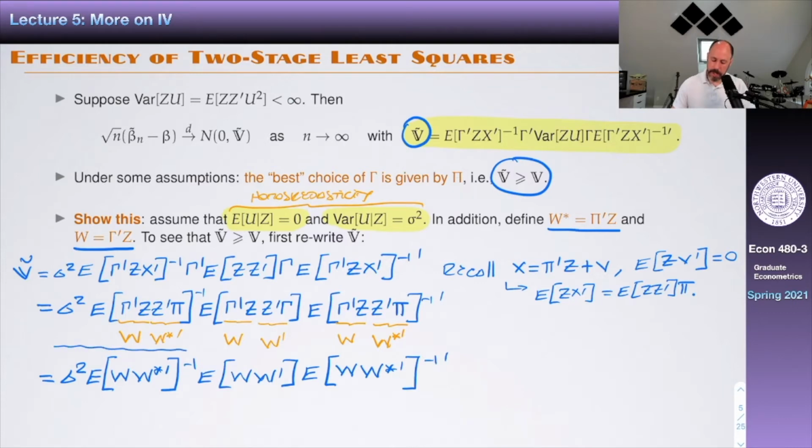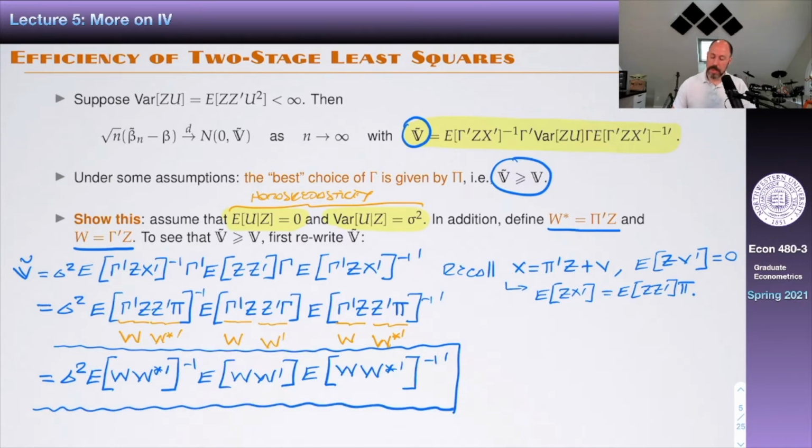And here we obtain a representation of this matrix B tilde that is going to be useful for our next derivation.